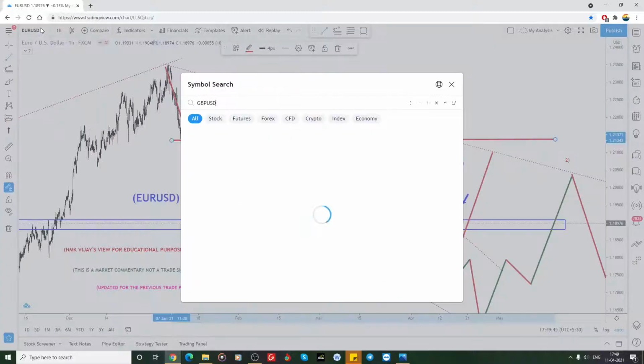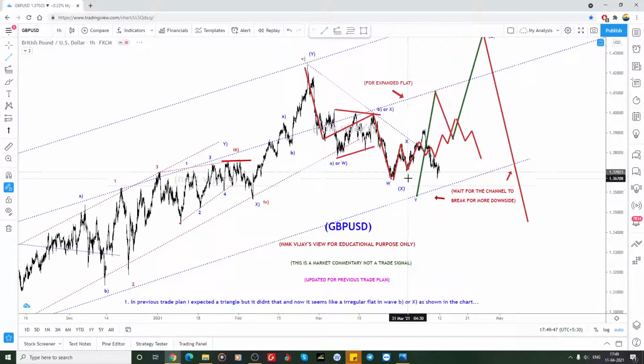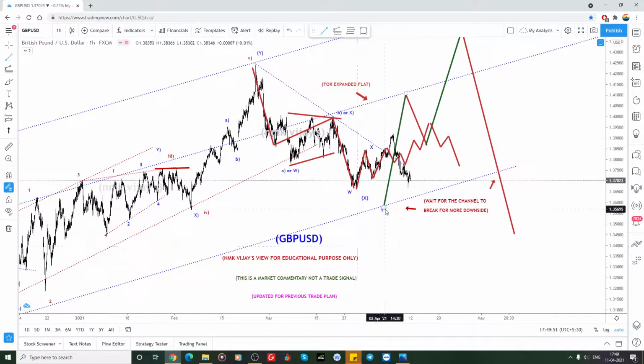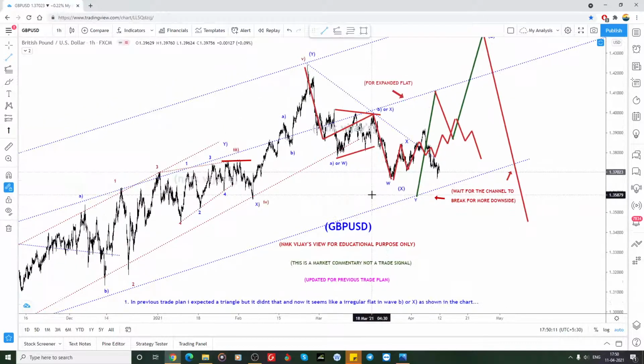So GBP/USD, this also I expected to reach the 1.35 here, but I already said whether it's going to be a deeper correction, and then again it has to break this low also here.